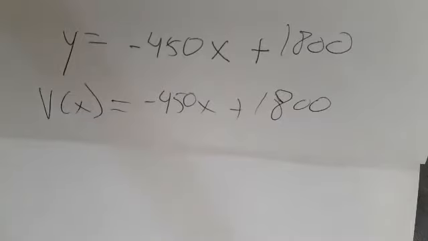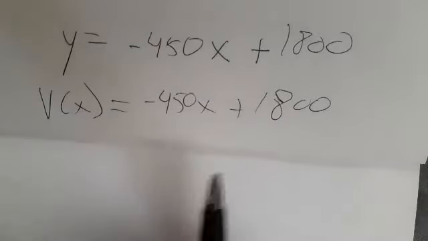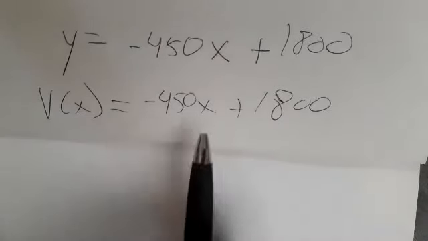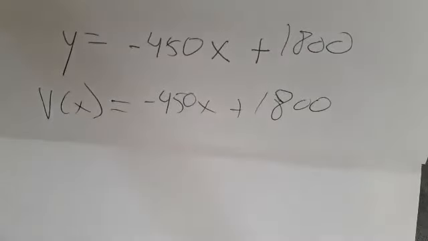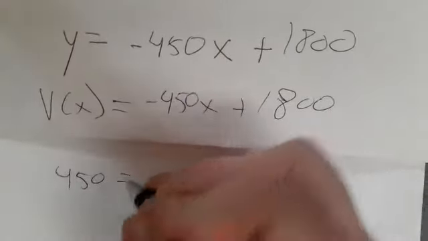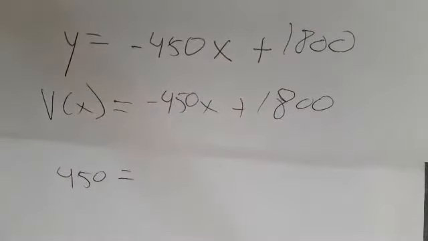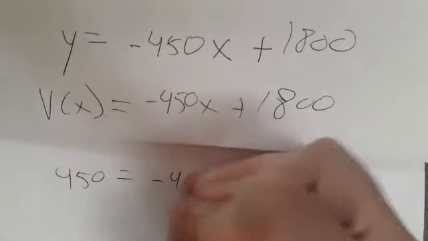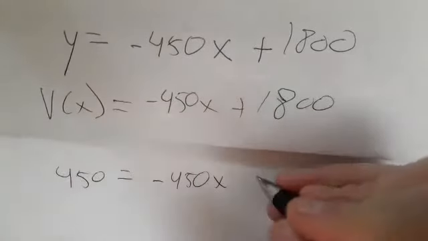They're giving us a two-variable equation. The first thing was what will the value of the computer be after 1 year? And so we plugged in 1 for the x. Now they're asking what the year will be when the value is 450. So now we're plugging 450 into our other variable, our v of x, and solving for x.